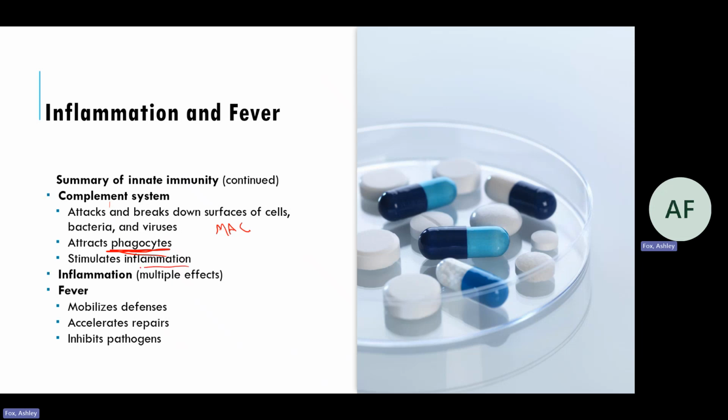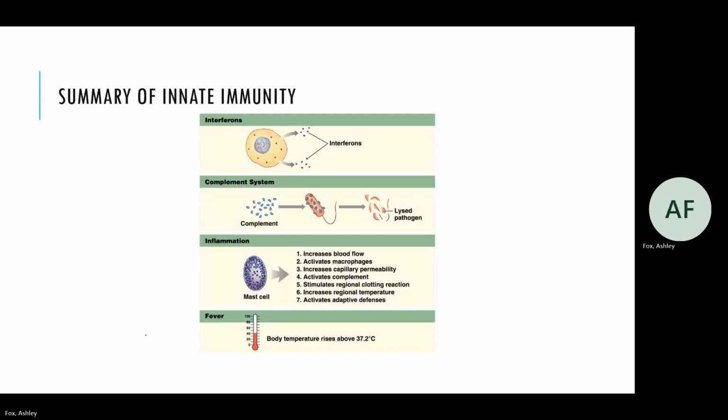And then you're going to increase that inflammation to allow those phagocytes to come to the area. Then fever helps mobilize your defenses, increase your metabolic repair, and slows down the growth of those pathogens.